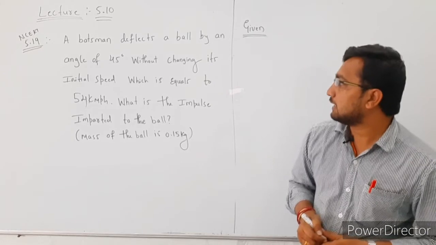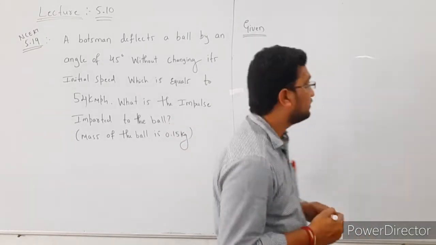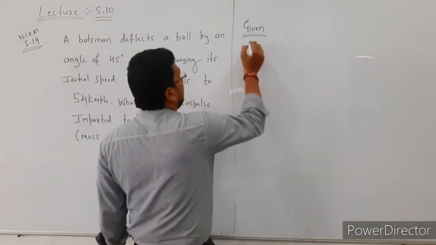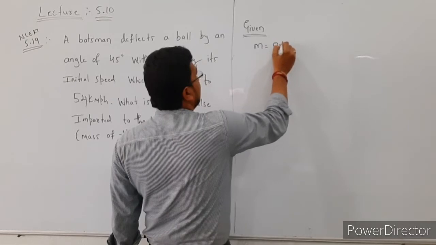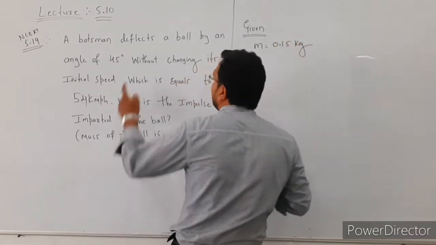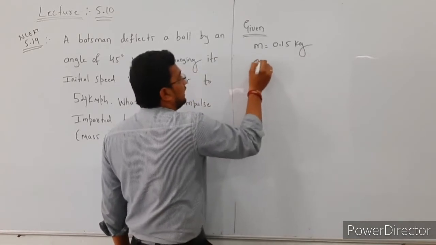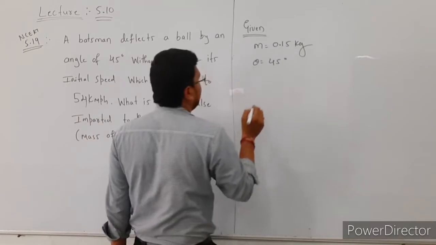Okay, see here, in this case we are going to find out the impulse. So first write down the given terms. The mass of the ball is 0.15 kg, and the angle theta is equal to 45 degree. And the next one, the speed.